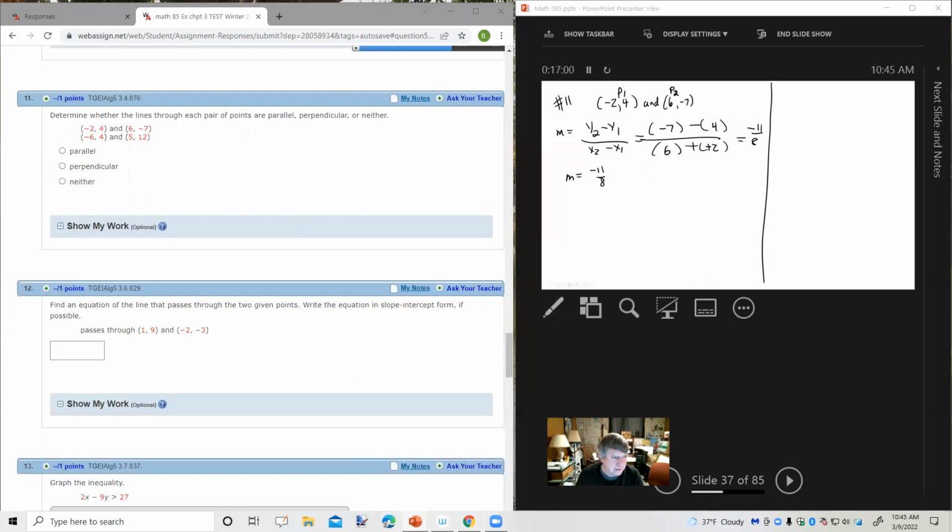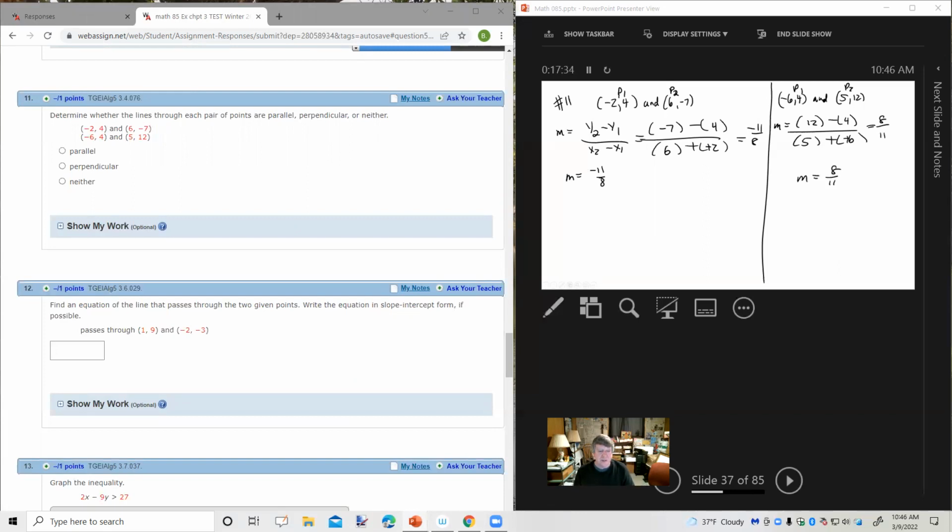All right, let's take the second set of ordered pairs, (-6, 4) and (5, 12). Again, point 1, point 2, m equals y sub 2 minus y sub 1. So y sub 2 is 12, y sub 1 is 4, over x sub 2 minus x sub 1. 12 minus 4 is 8. 5 minus -6 is 5 plus 6, which is 11.